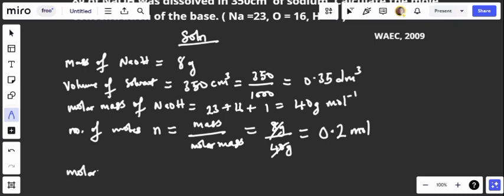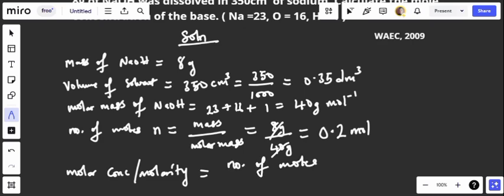And molar concentration, or you call it molarity. Molarity equals to what? Number of moles divided by volume of solution in dm cube.